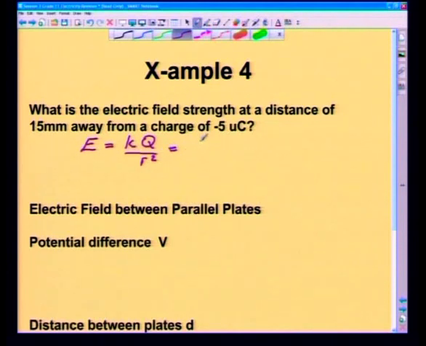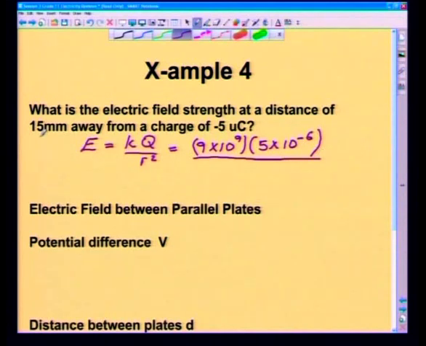We know that K is 9 by 10 to the power 9. And Q is what is given to us here, -5, so we just look at the magnitude. That will be 5 microcoulombs. We know microcoulombs, you multiply by 10 to the power -6 to convert it into coulombs, divided by.